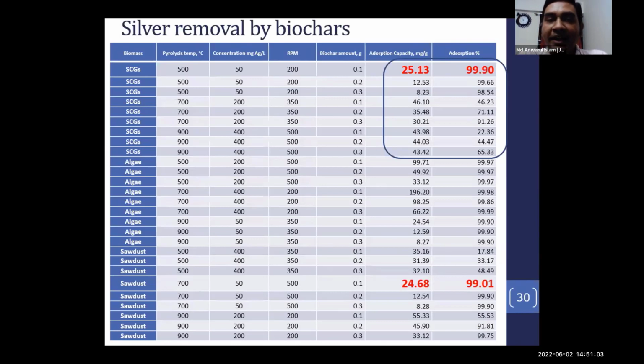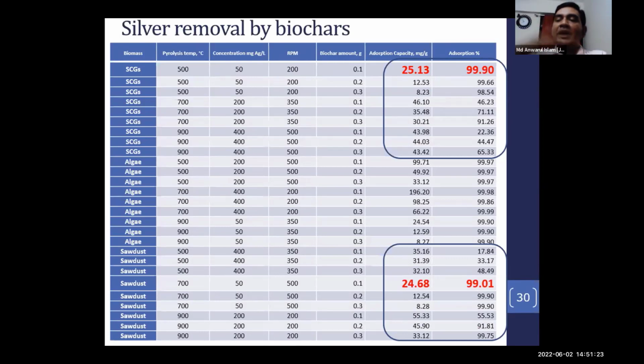But when we compare sawdust and coffee, as you can see, the coffee has given 25 milligram per gram adsorption capacity and 99.9% removal. Similarly, sawdust, which was produced at 700 degree, has given a similar adsorption capacity and removal rate.